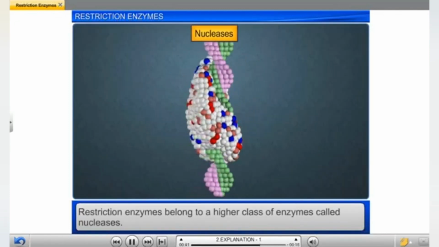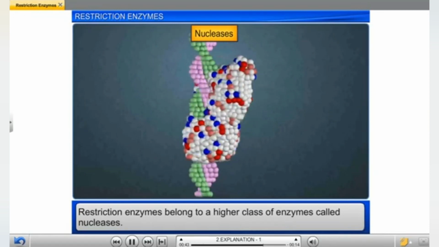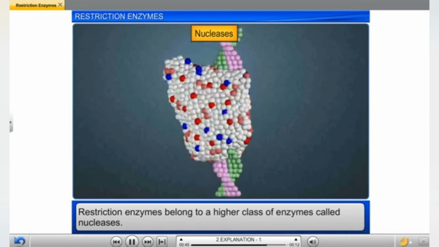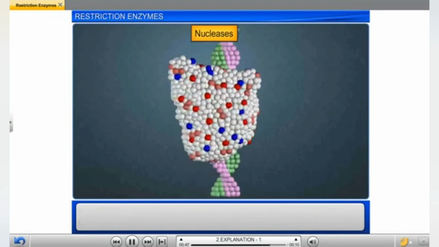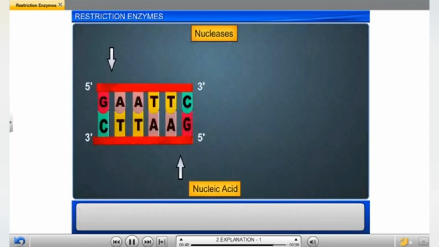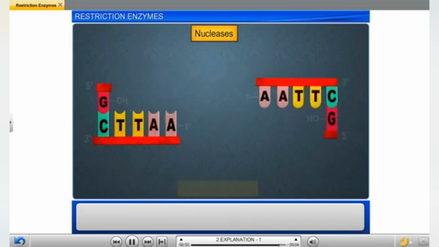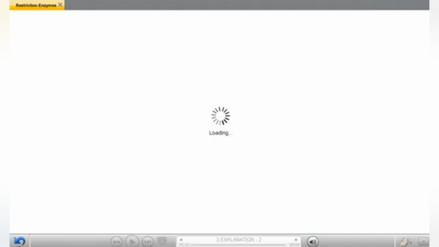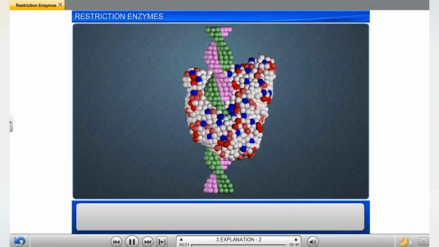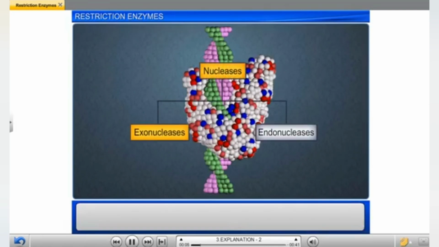They belong to a higher class of enzymes called nucleases, which have the ability to cleave the phosphodiester bonds between the nucleotide subunits of nucleic acids. The nucleases are categorized as exonucleases and endonucleases.